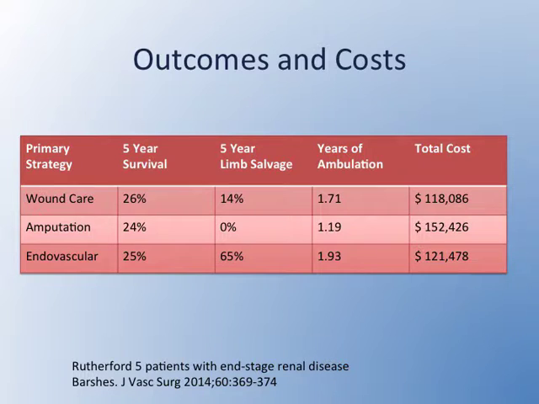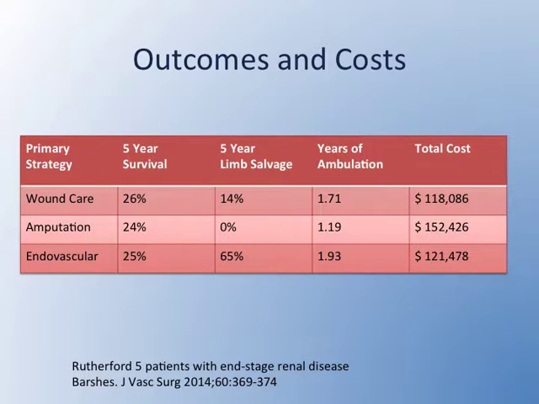Well, probably the best thing that we could use to put this one case in a longer-term context was this study, published 2 years ago by Barshes, in which the various outcomes and costs were compared. Here you can see, if we look at amputation in the center, the 5-year survival is 24%, almost identical to that with a primary strategy of either wound care or endovascular, which we've chosen in this option.